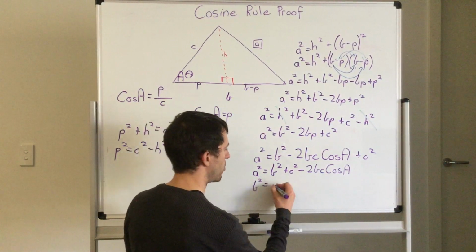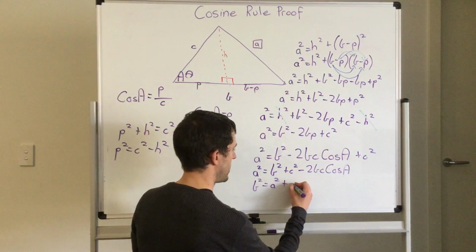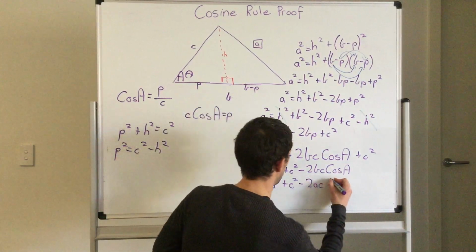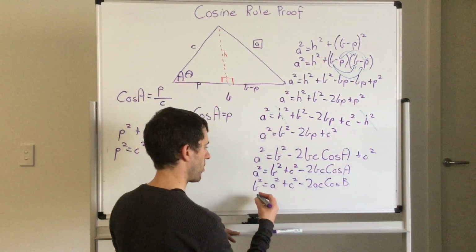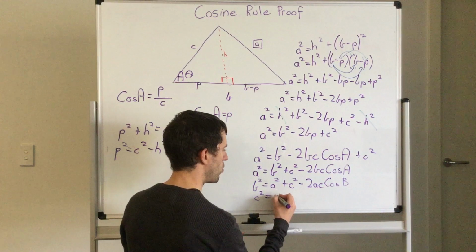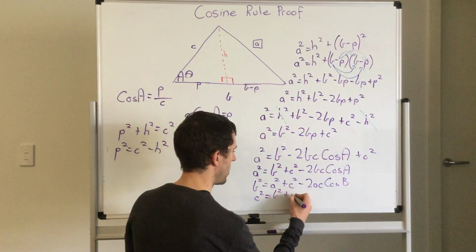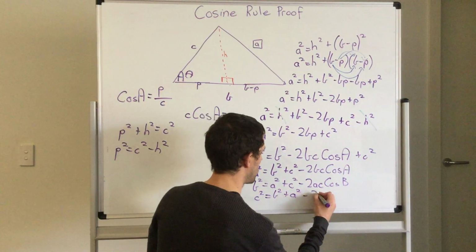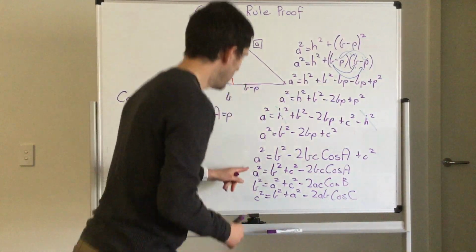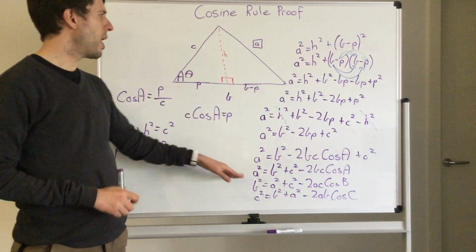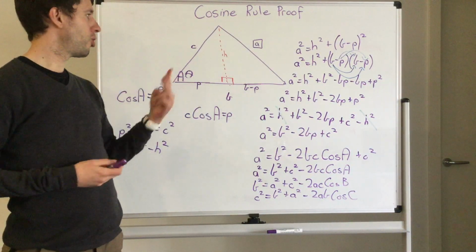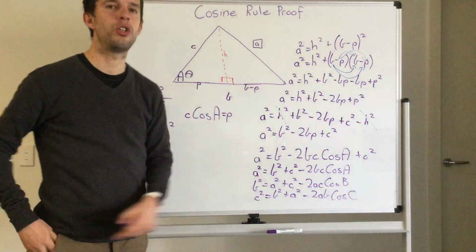And it'll be B squared equals A squared plus C squared minus 2AC cos angle B. I could find the side of C. C squared equals B squared plus A squared minus 2AB cos angle C. So this rule applies to finding any side. As long as we have two sides and the angle, we can use this.